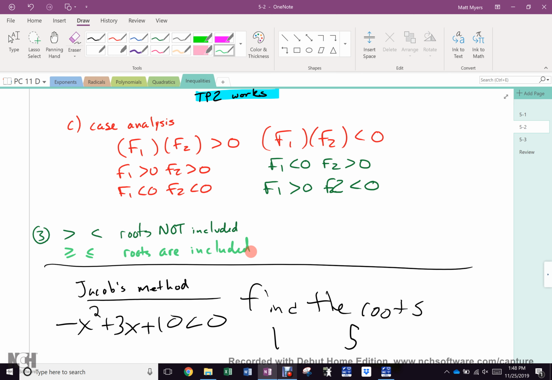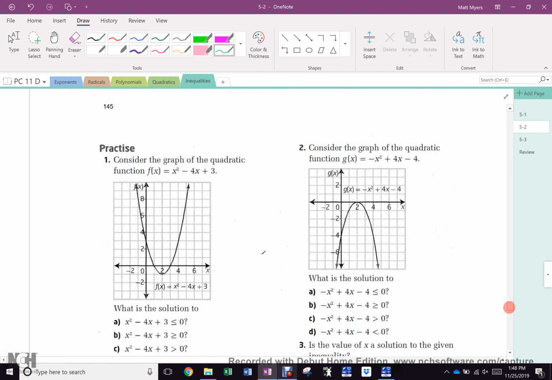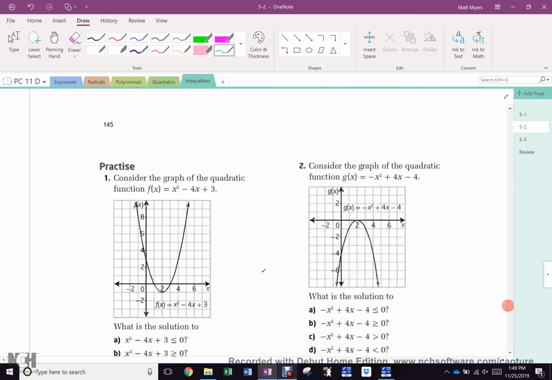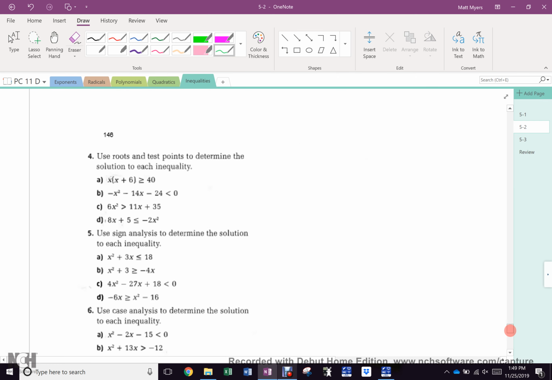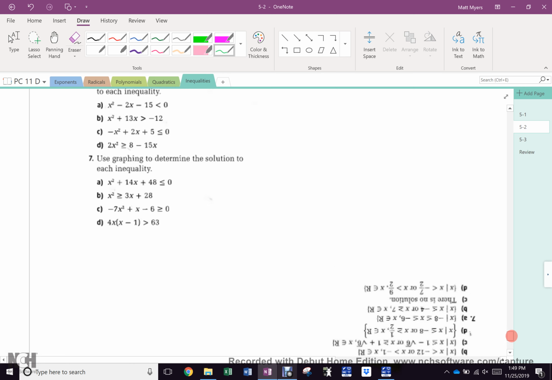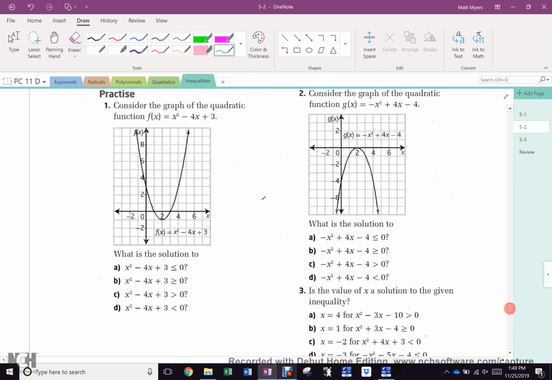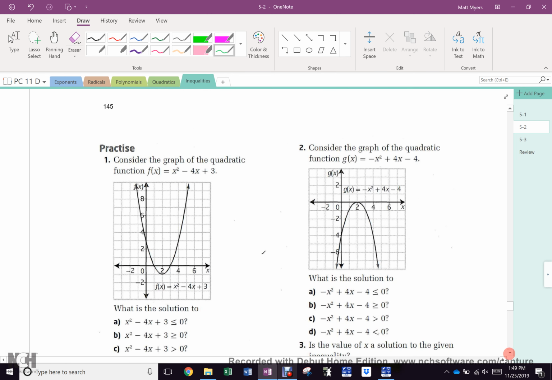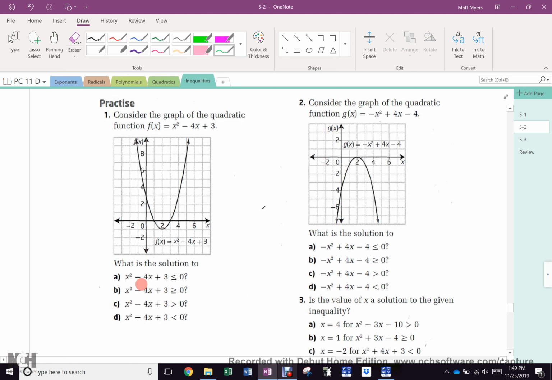Everybody cool? All right, your job today, start it now. You should be able to finish today, is 145 and 146. Now, in my other class, some of the kids thought that this was a multiple choice question. It's not.